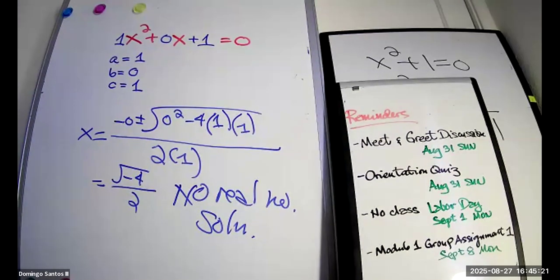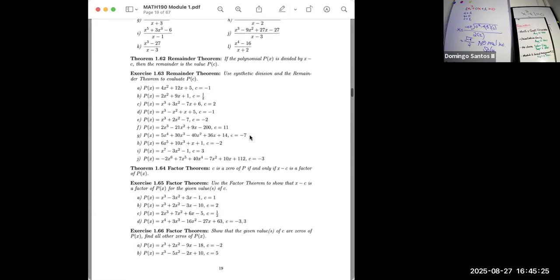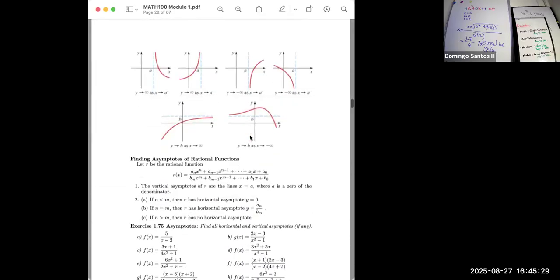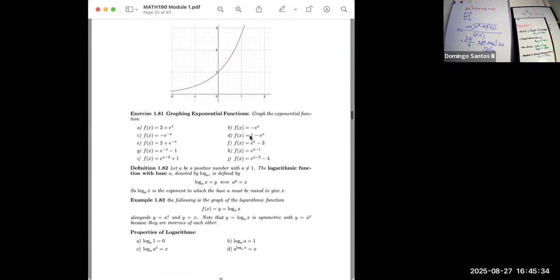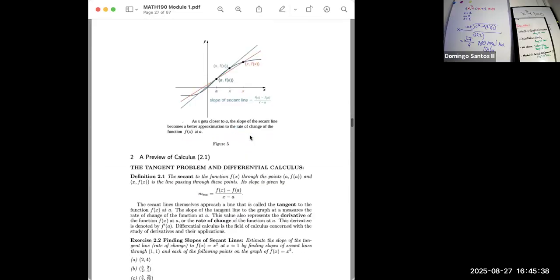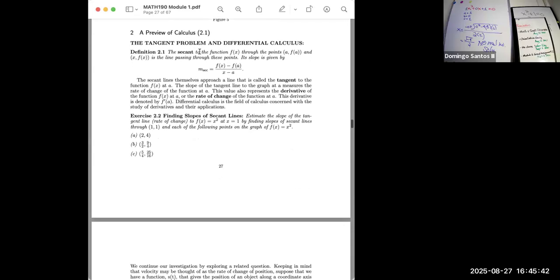If you want to read ahead, you can read ahead. We may not have enough time, and these are just review of your pre-calc from before anyways. You know them already. Now we'll start with section 2.1, page 27 on Wednesday. So you might want to read in advance, okay?